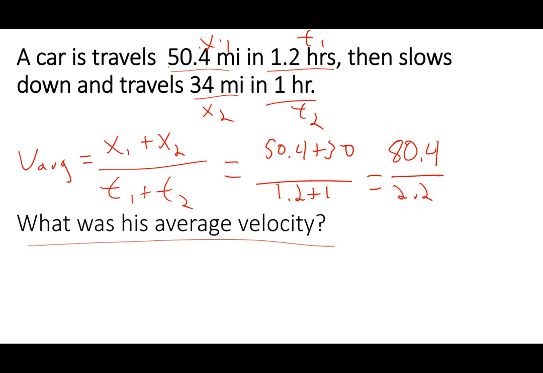Notice that if I were to put this into the calculator, I need to put these in first to get my number 80.4, and then I need to put these in separately to get 2.2 and then divide them. Otherwise, if you were to just put 50.4 plus 30 divided by 1.2 plus 1, because of order of operations, it won't do it in this order right here.